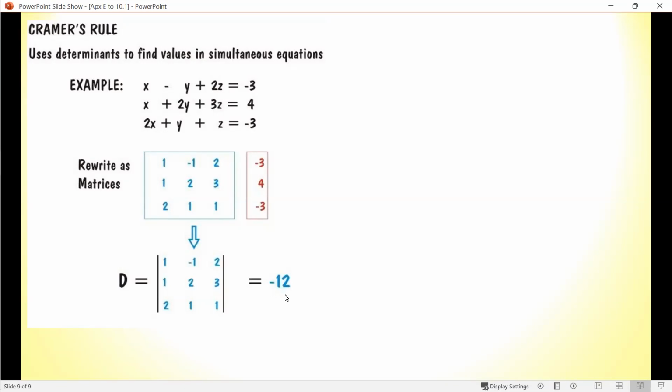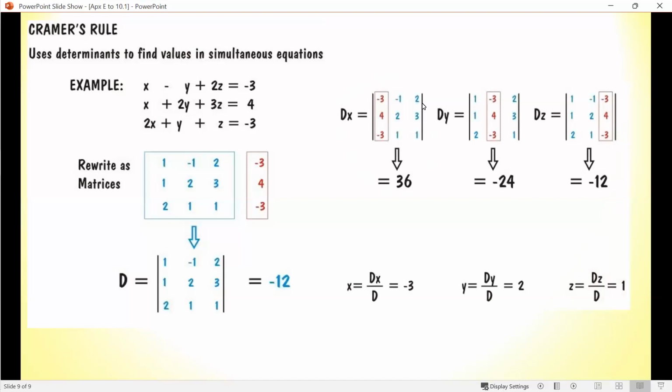That tells us that, yes, we do have a solution to this system of equations. We'll find our Dx, which is our coefficient matrix with the column for the x coefficients replaced with the constant terms. Same thing for y, same thing for z. You get those 3 determinants, and then we can find the value of each variable just by division. And we've got the value of x, the value of y, and the value of z.